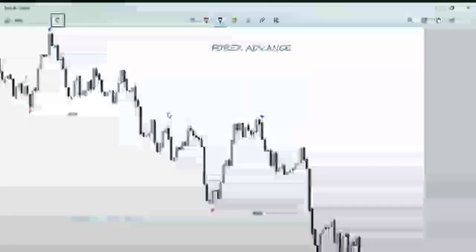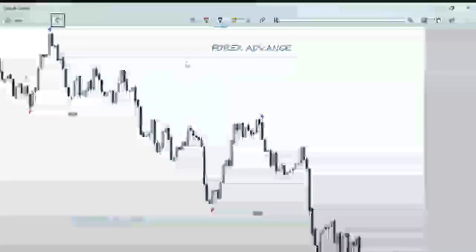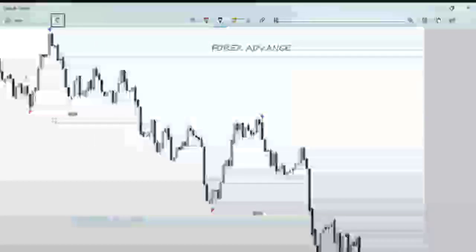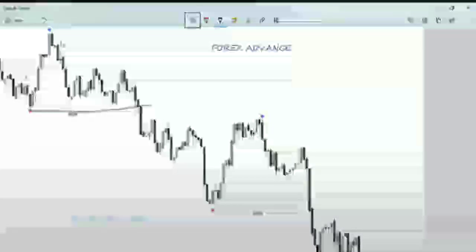So guys, there is one more important thing I have already told you, but let me remind you again: without a break of structure, don't mark any candle as your order block, and don't look for the imbalance. Order blocks and imbalances are valid after the break of structure. So in this picture, as you can see, after the break of structure we have to look for the imbalance and mark our order block.